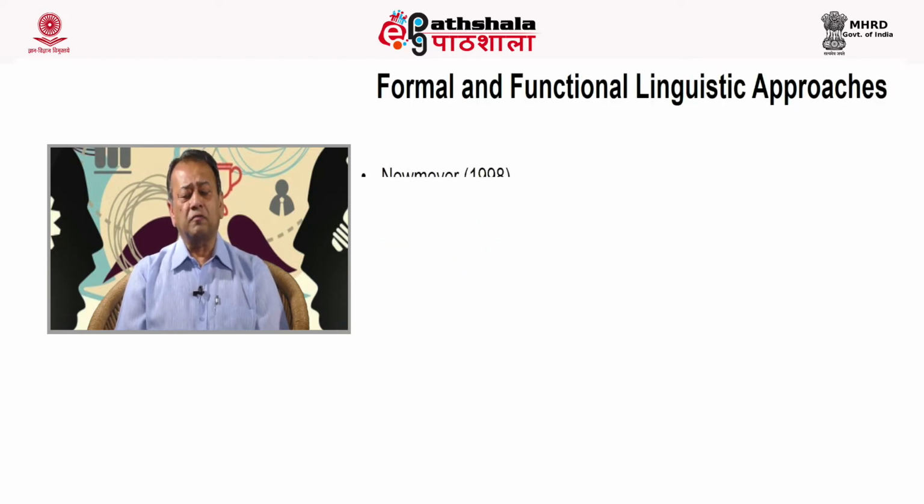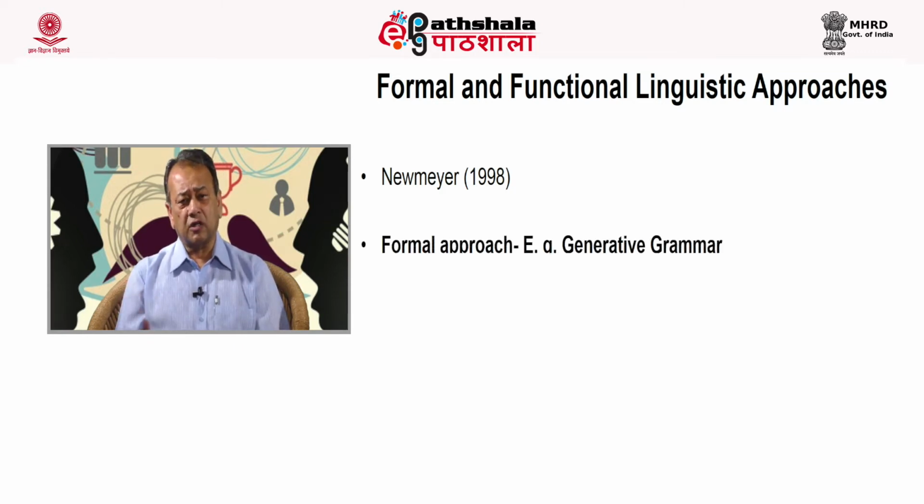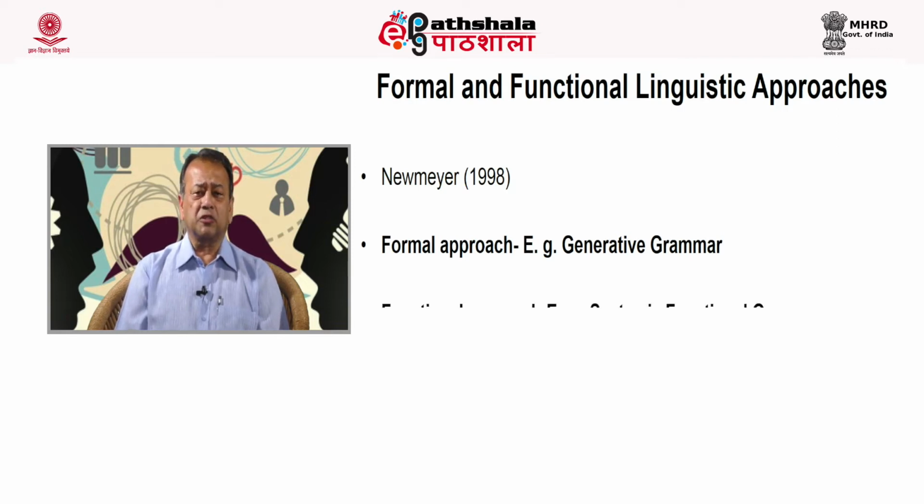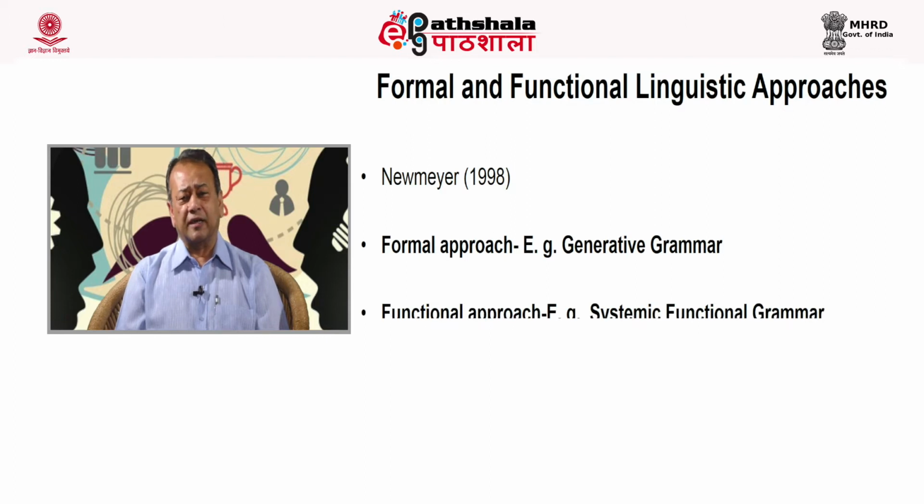The terms formal and functional linguistics apply mainly to theories such as generative grammar, which is a predominantly formal theory of language, and to systemic functional grammar or sociolinguistics, which are predominantly functional in nature. We have good studies discussing the differences and the similarities between these two approaches to language.